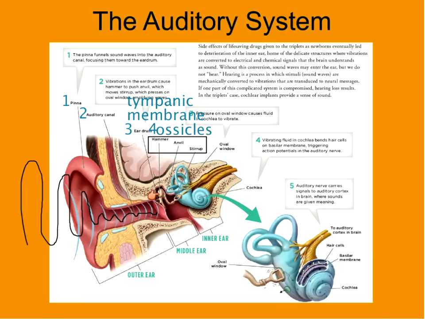It's going to cause the hammer to push on the anvil, which is going to move the stirrup. 3 ossicles, you don't need to know them individually, because you know the ossicles are these little bones. And ultimately what happens is the stirrup here, which, well, it kind of looks like a stirrup, presses on the oval window of the most important structure here in our auditory system, known as the cochlea.